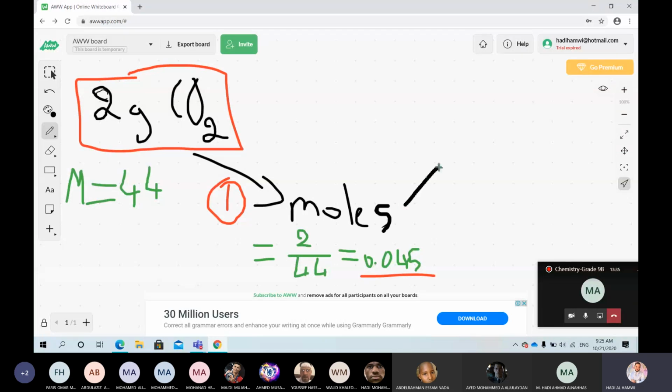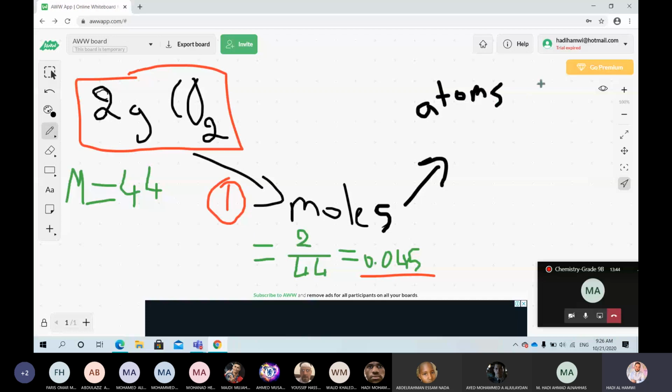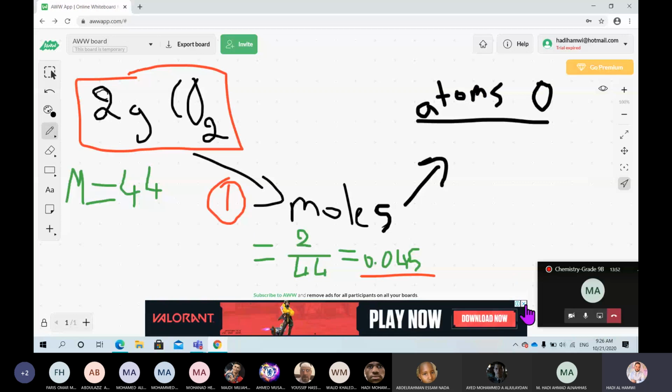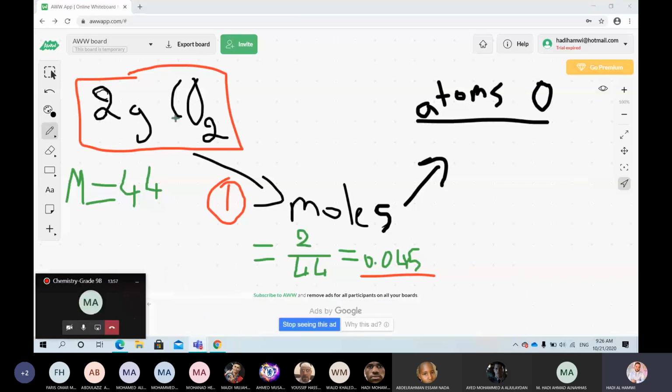For example, how many atoms of, let's say, oxygen do we have in 2 grams of carbon dioxide? So here they are not asking about the molecules of carbon dioxide, they are asking about the number of atoms in carbon dioxide.